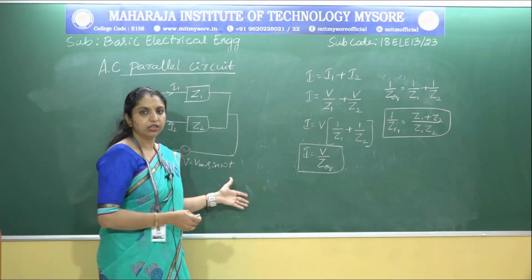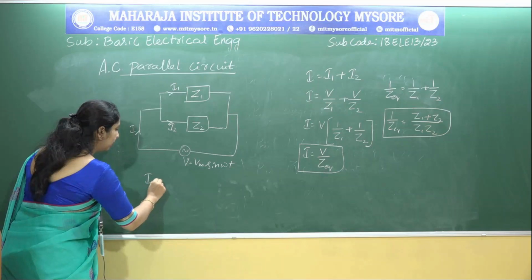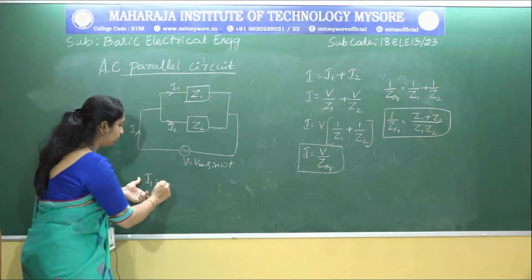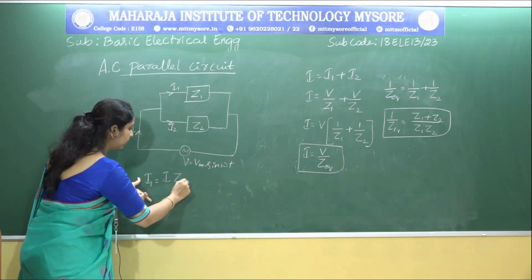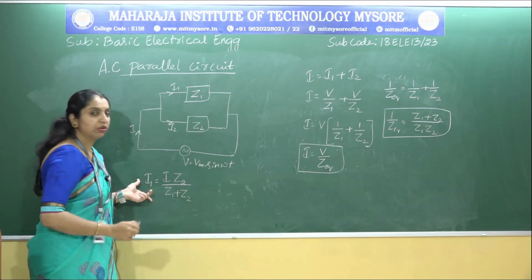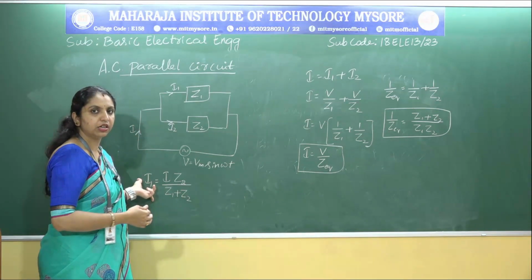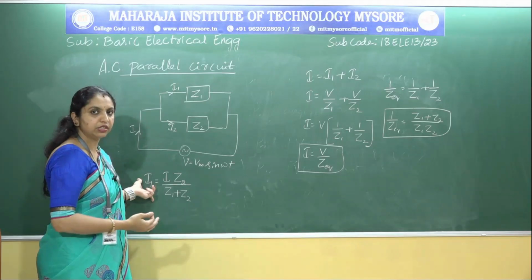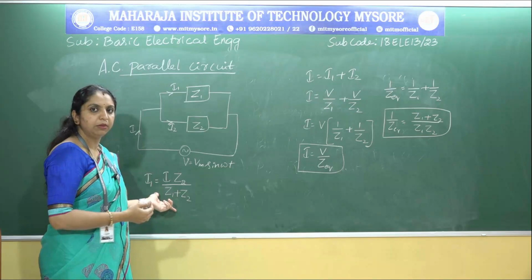The current divider rule says that I1 is equal to the total current I into Z2 divided by Z1 plus Z2. You can recall the current divider rule, which I have already explained in DC circuits in terms of resistance, but here we use impedance instead.